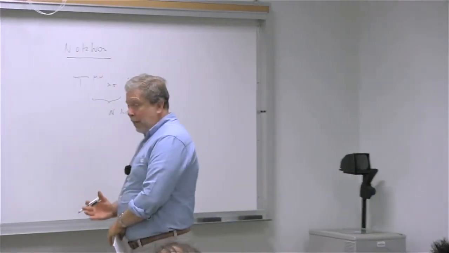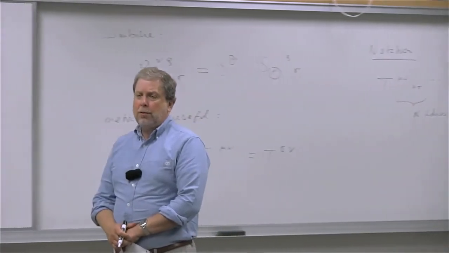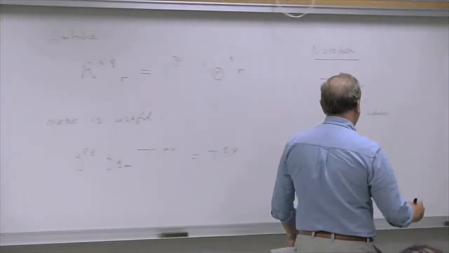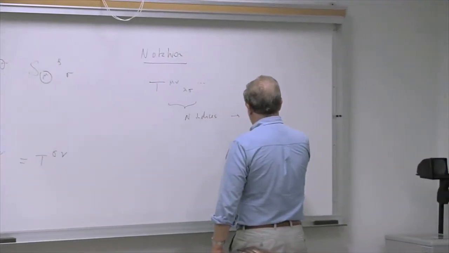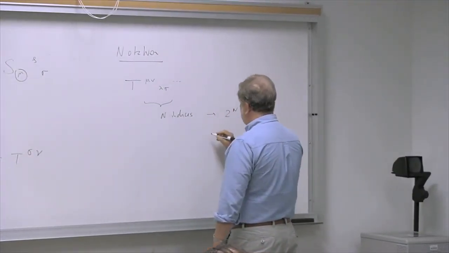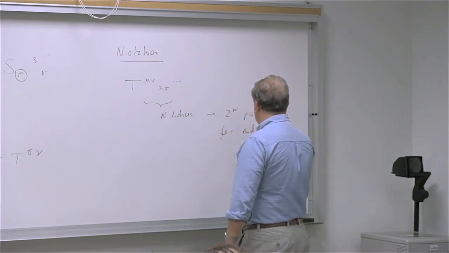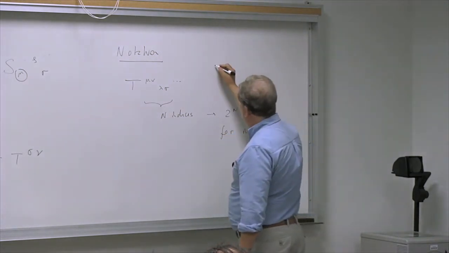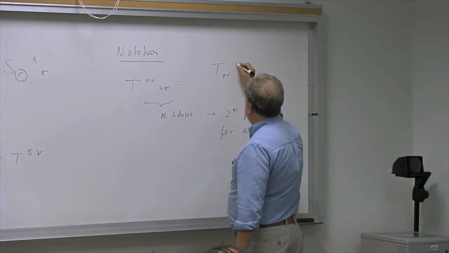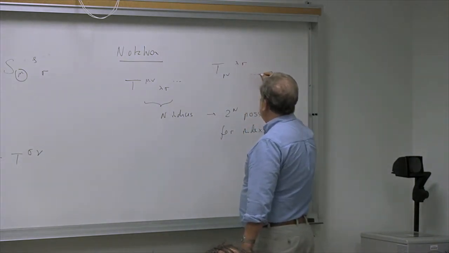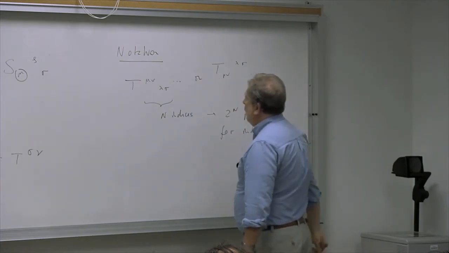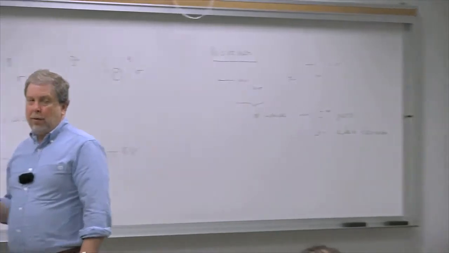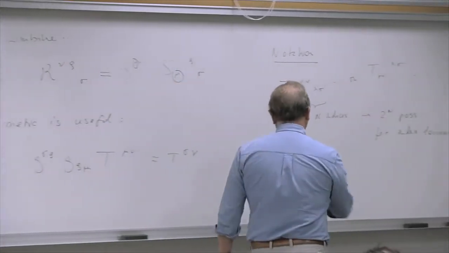It does make a difference if the index is upstairs or downstairs, but we are not going to use a different name. Because we can have, of course, T mu nu, and then lambda sigma, and so on. So they're clearly different objects because they transform in a different way, but we're going to use the same name.